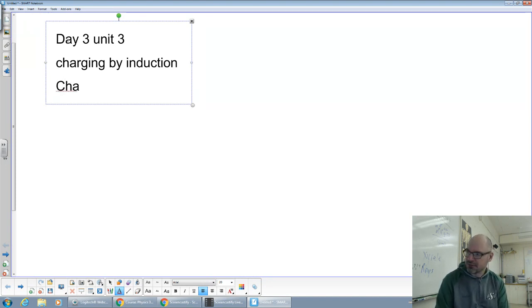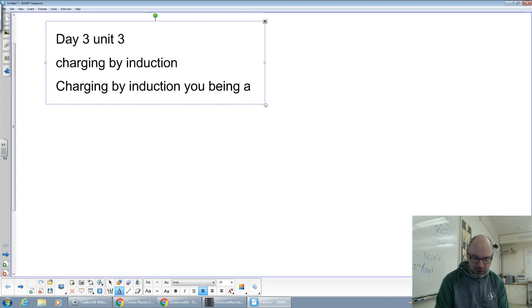Okay, so let's do the summary for charging by induction. What we do is you bring a charged object close to a neutral object.